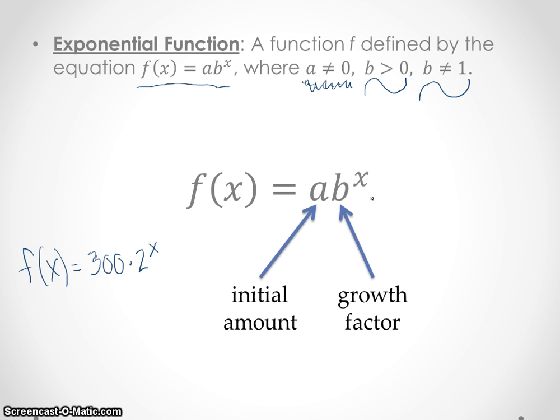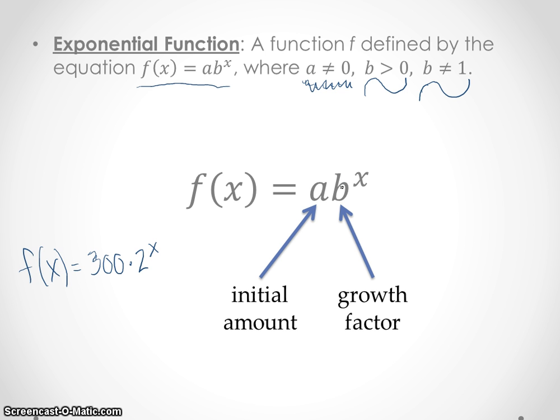So then it would go positive, negative, positive, negative, positive, negative, which we can't have. That's not growth. That's flip-flopping between positives and negatives. You're never going to get anywhere. You're going to get further and further away from 0, but that's not going to model anything. Okay, so that's why b has got to be bigger than 0. It can't be negative.